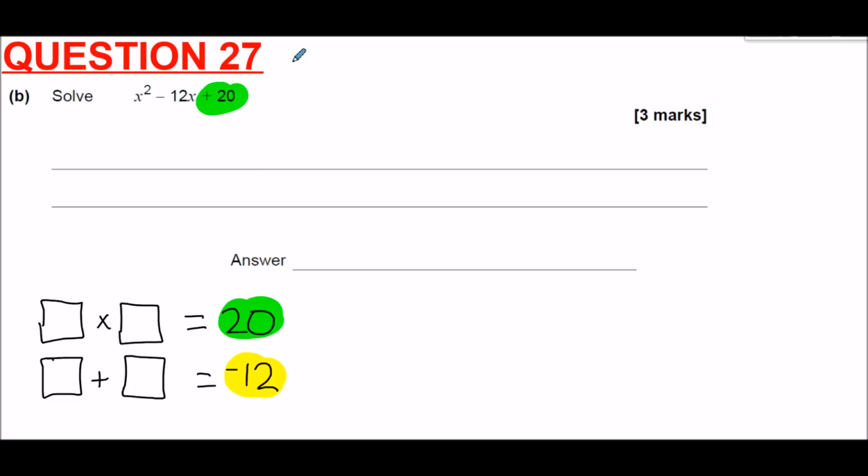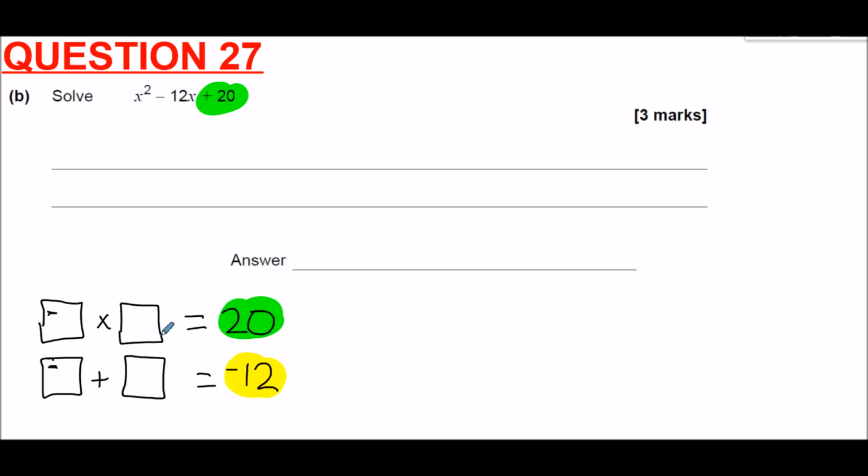Now importantly, if we add numbers together and we get a minus answer, we know for definite that at least one number must be a negative. If you only add positive numbers together, the answer is always going to be positive. So at least one of the numbers is going to be negative. But looking at what happens when we multiply them together, one number multiplied by the other gives us positive 20.